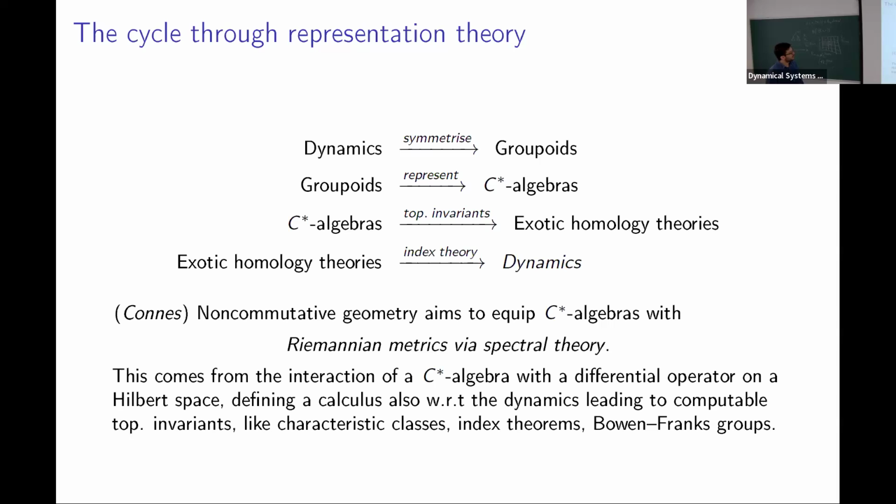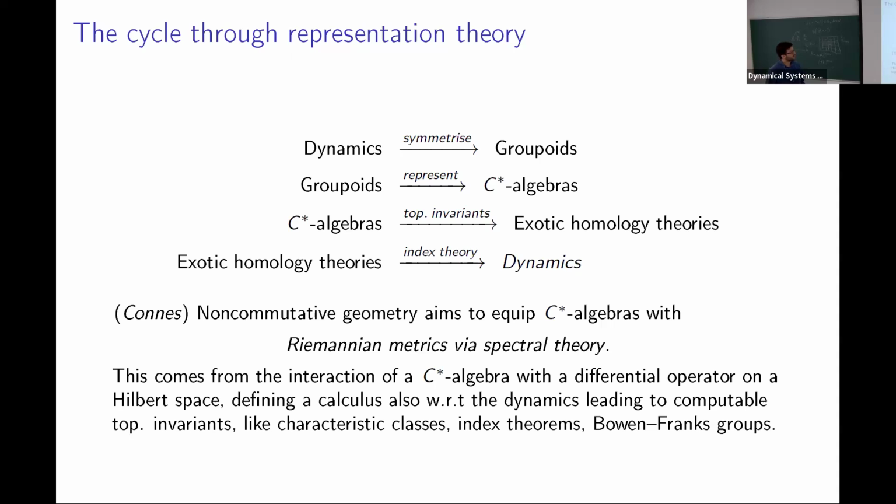The cycle through representation theory is that you start with dynamics, you symmetrize the structure into what is called groupoids. It's a generalization of groups where you have only partially defined multiplication. Then the groupoids, you can represent them as C*-algebras, like a collection of convolution operators.